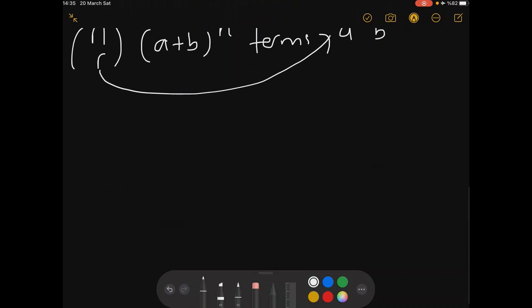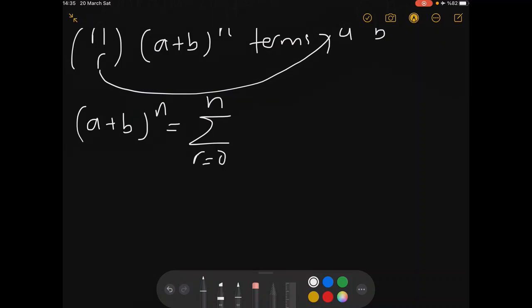They come from the combinations, and you can generalize them like this, from r equals 0 to n, the combination of n and r, the coefficients, times a to the r, b to the n minus r.